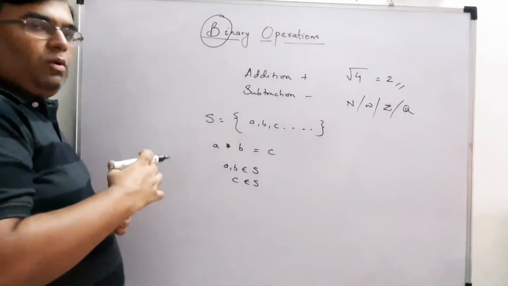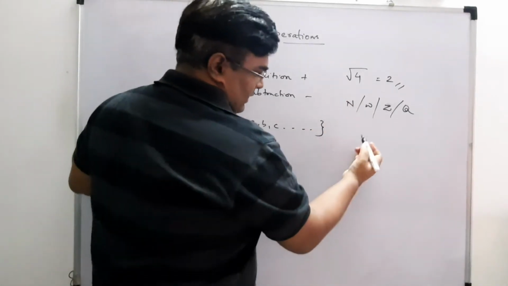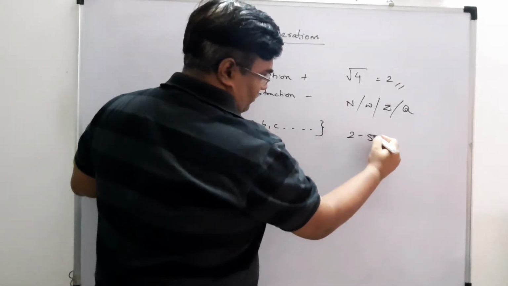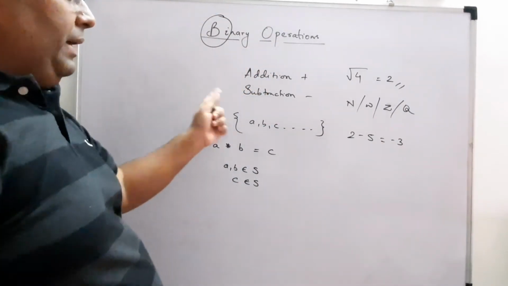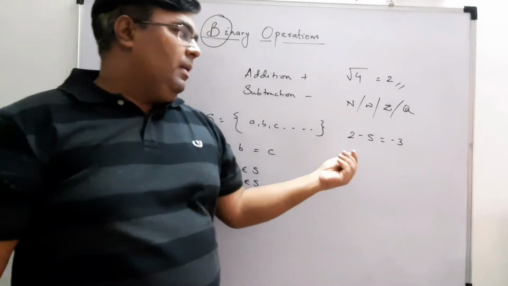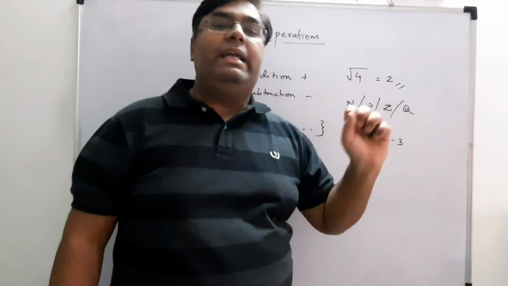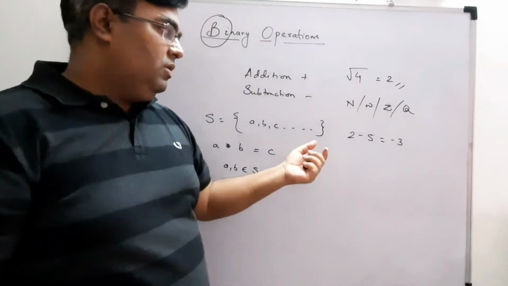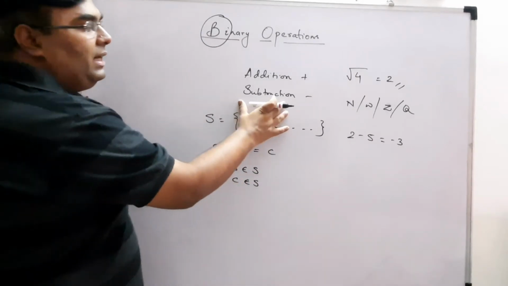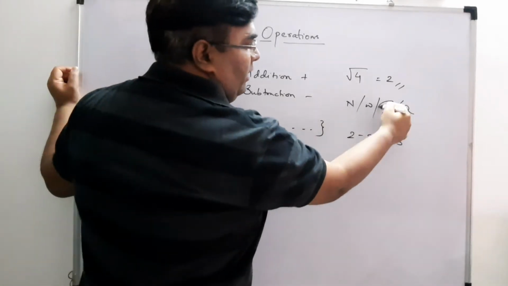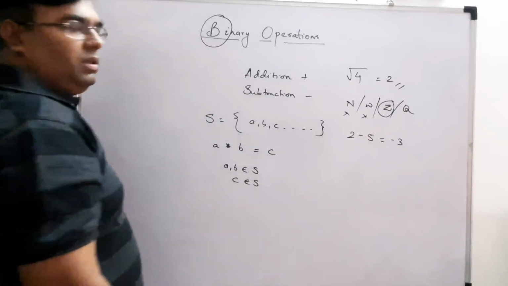But when you talk about subtraction, if you take natural numbers and subtract like this, you get -3, correct? So subtraction is not binary. Why? Because I am taking two natural numbers but I am getting an integer, so this is not from the same set. So subtraction has a limitation that it is binary only in integers, not whole numbers and not natural numbers, right?